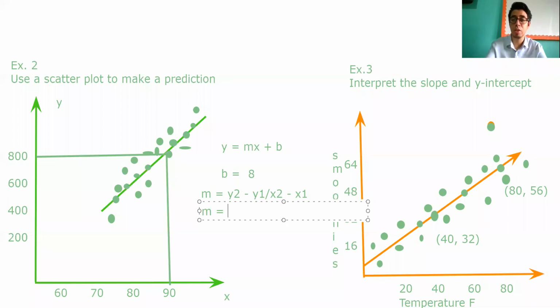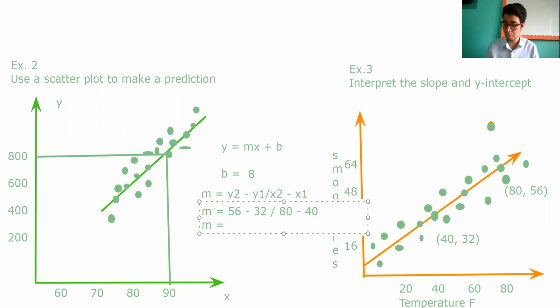So the slope is going to be the values when we replace 56 minus 32, divided by the values of x, 80 minus 40. This is the answer for the slope, equal 3/5. I'm going to simplify, okay?